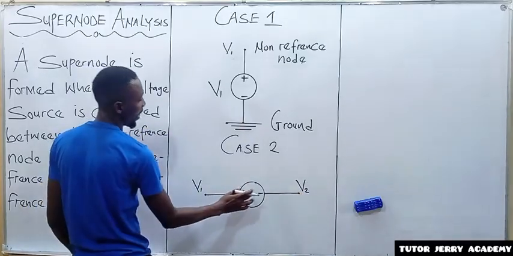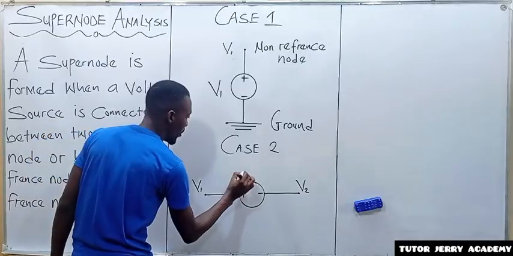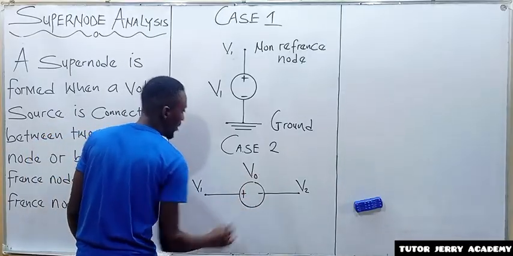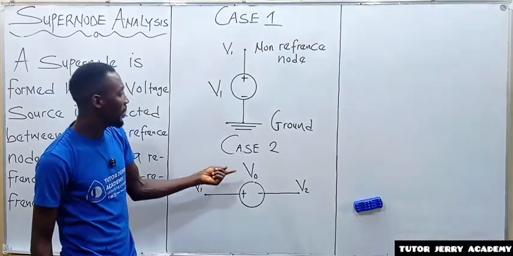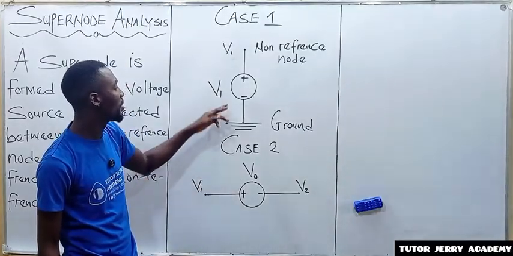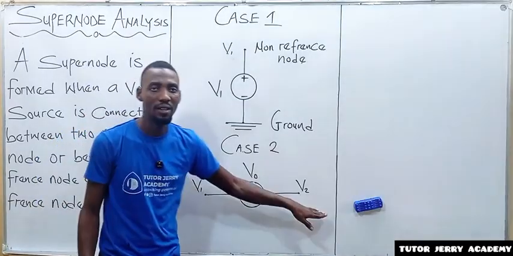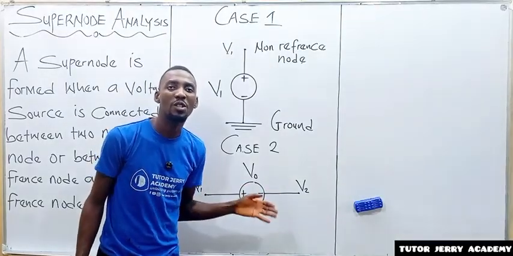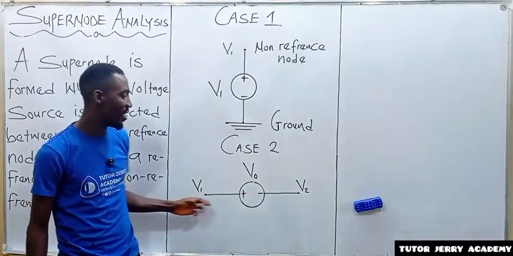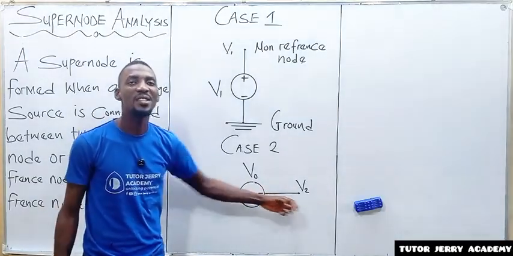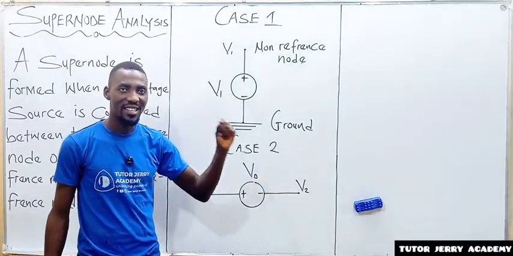If the voltage of our voltage source is V0, you cannot say that the voltage in this place will be equal to V1 and V2. No. You need to note that this diagram is going to be treated as a single node.